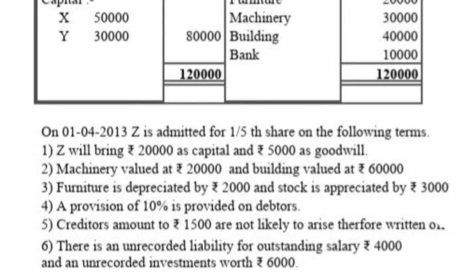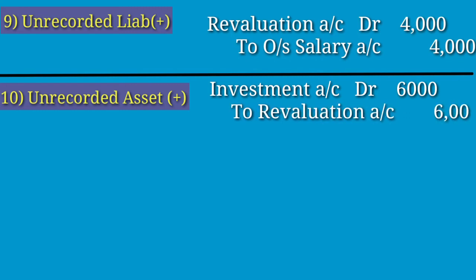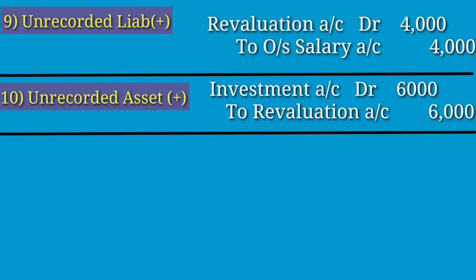When profit is increasing, we need to credit the revaluation account, and when asset is increasing, we need to debit the asset account. So the journal entry is investment account debtor rupees 6,000 to revaluation account rupees 6,000. Here we recorded all the transactions related to the revaluation in the journal.